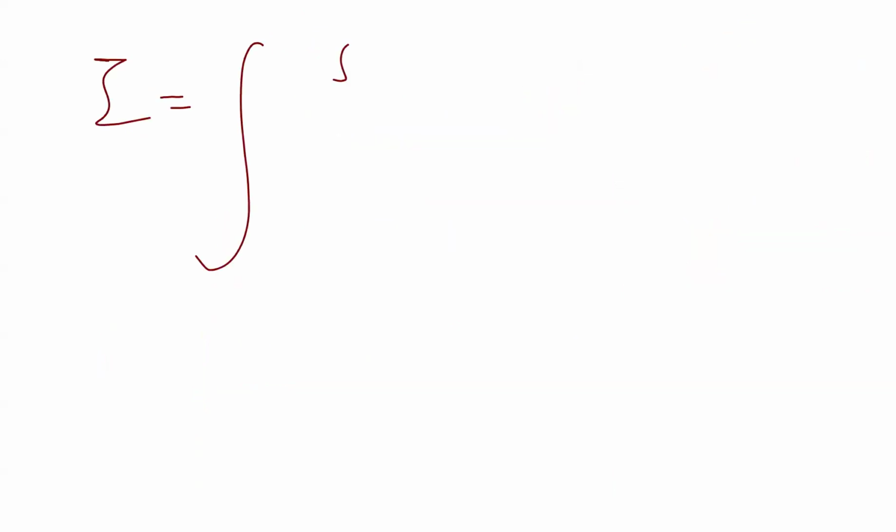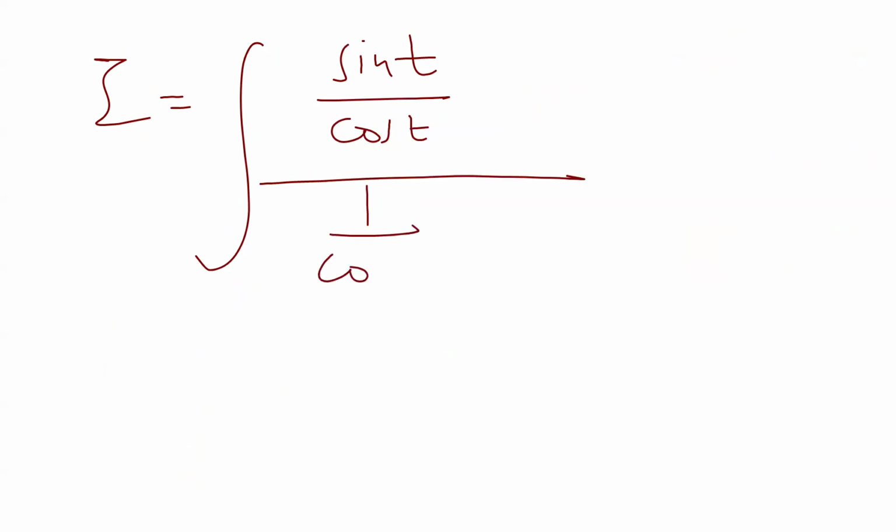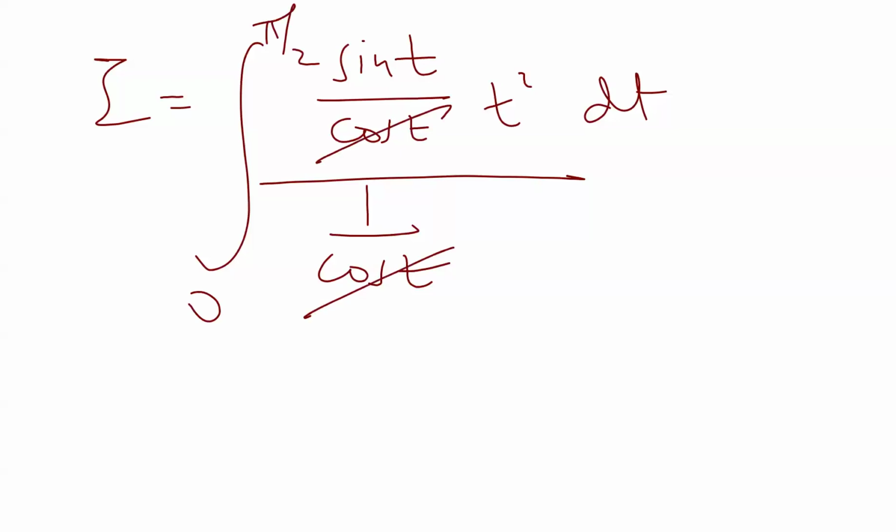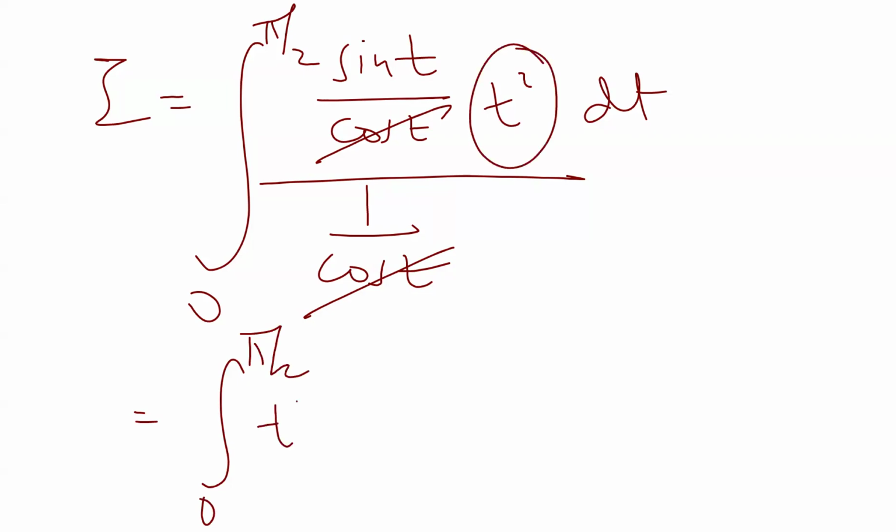So this part got converted to sec t. Integration of tan t, I'm converting to sine upon cos, and sec is 1 upon cos t square dt, from 0 to pi by 2. So cos and cos are getting cancelled. So from 0 to pi by 2, t square sine t dt.